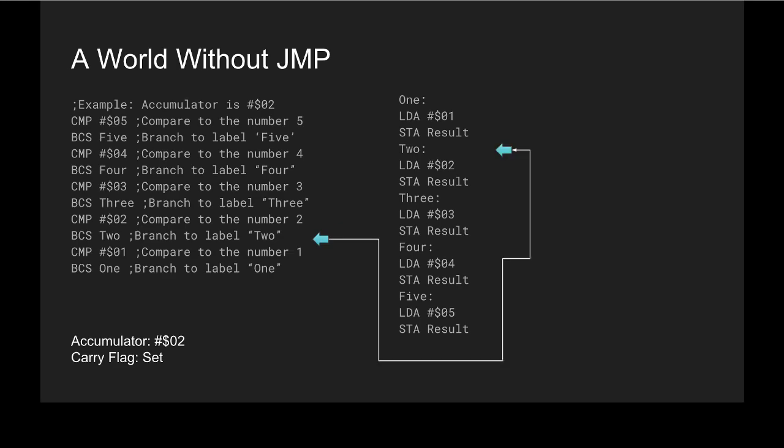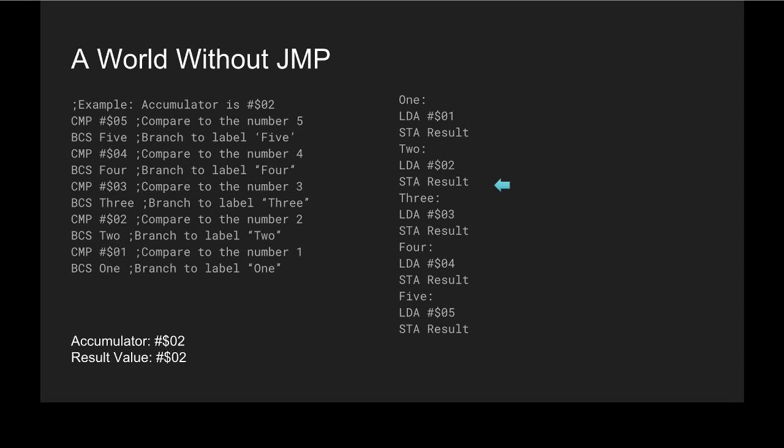So, our branch takes us over to the other side of the screen here where 2 is. So then we load the number 2 into the accumulator. Technically it was already there, but for the sake of making sure everything is designed as it was intended, we fill it in anyway, and store it in the result.